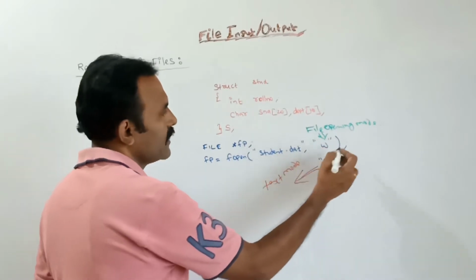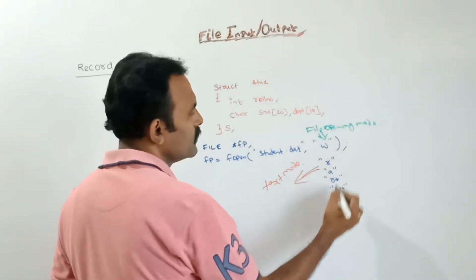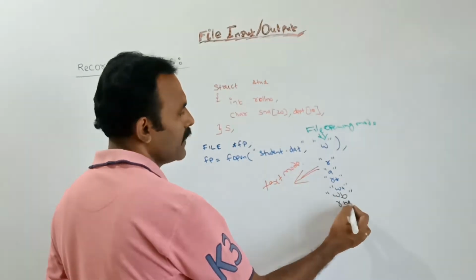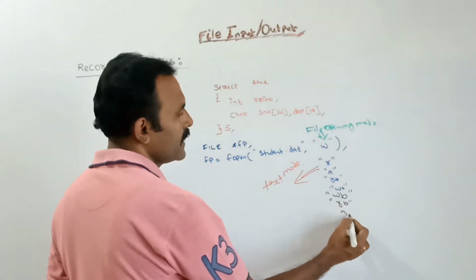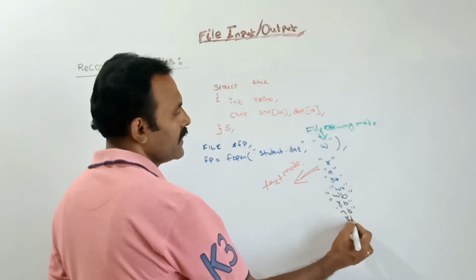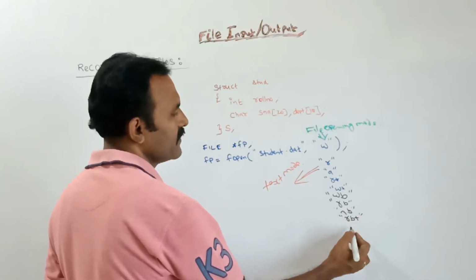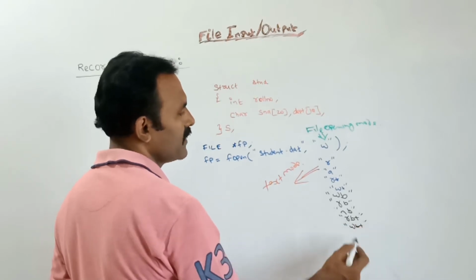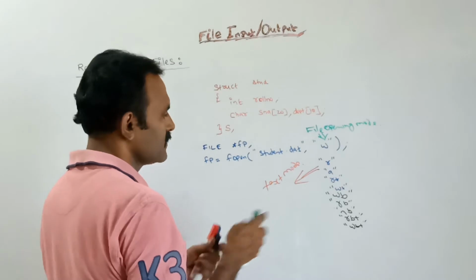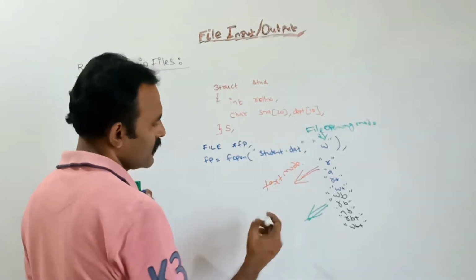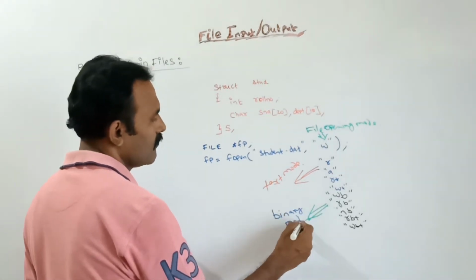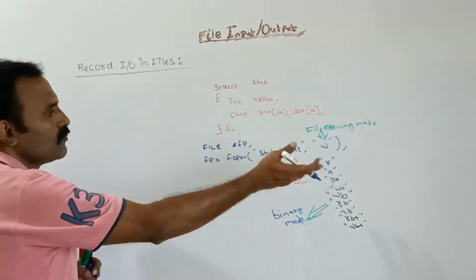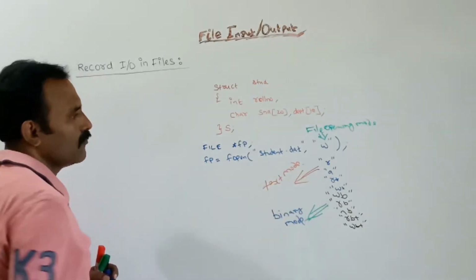Here instead of w we can give wb, that is writing a binary file, rb reading a binary file, ab appending a binary file, rb+ reading and modifying the file, and wb+ writing and modifying a binary file. These are known as binary mode. So we can create the file in two modes, text mode and binary mode.